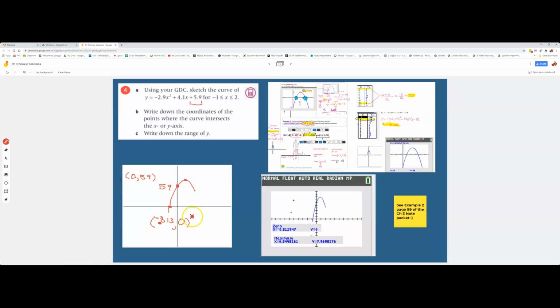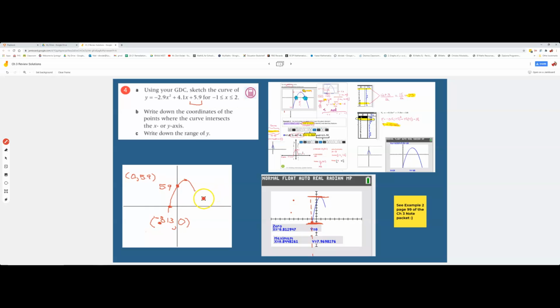And then the range would be from, remember, this doesn't go beyond negative 1 here. So at negative 1, there's an imaginary line. And then after that, it doesn't go any deeper than that. So to get the range, we got to figure out what is this y-coordinate. And we know this y-coordinate because it's the y-coordinate of the vertex.